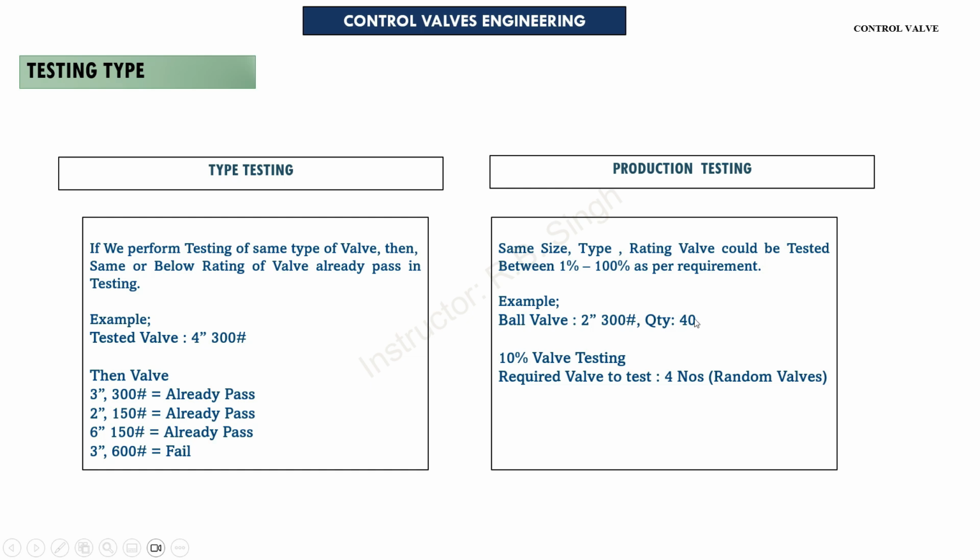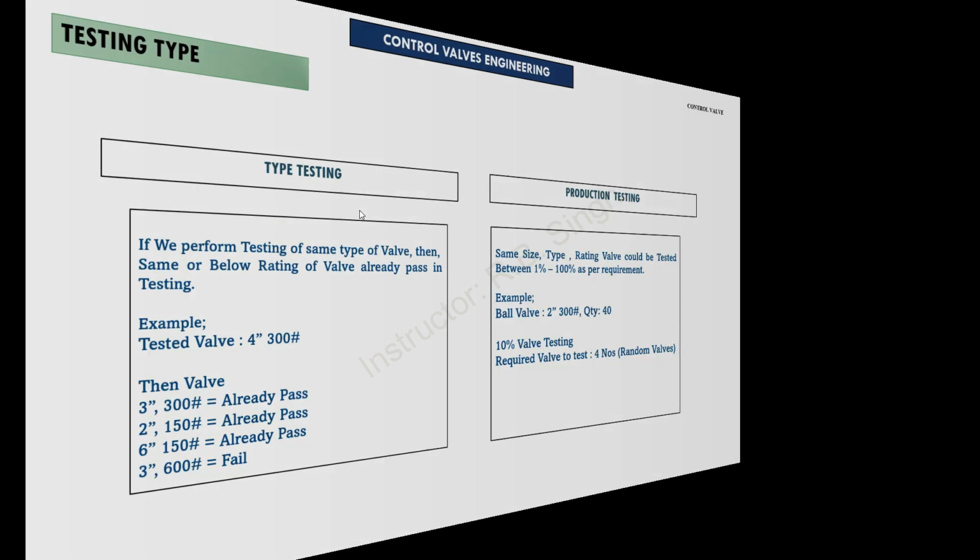As per your project requirement, maybe you can go with a 10% production testing. In that case, you will require only 4 valves out of 40. So you can choose 4 random valves and test them. So you can save the other 36 valves' testing cost. So this is called type testing and production testing.